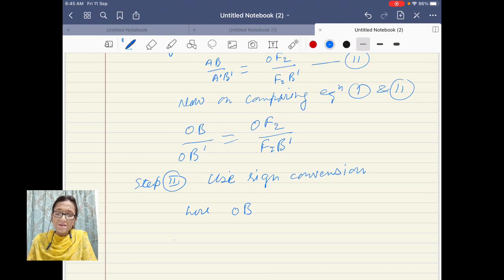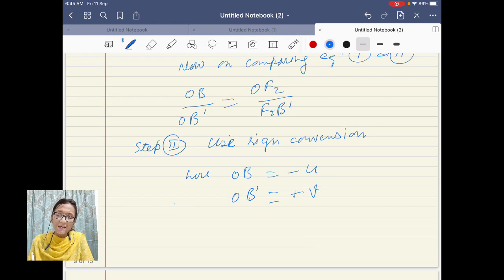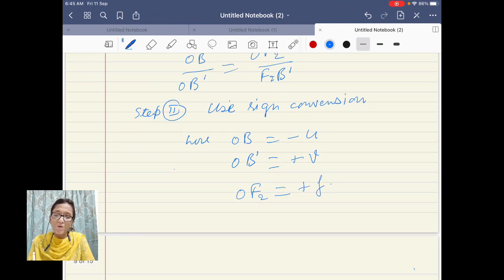So here OB is equal to minus U. Similarly, OB' is measured in the direction of the incident ray, and it is the image distance, so it should be taken as plus V. OF2, in a convex lens, the focal length is positive and it is on the right hand side of the optical center. So you should take it as plus F.